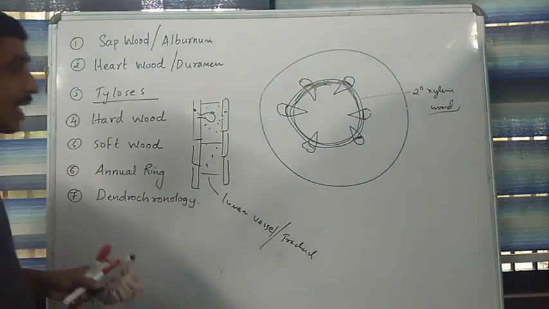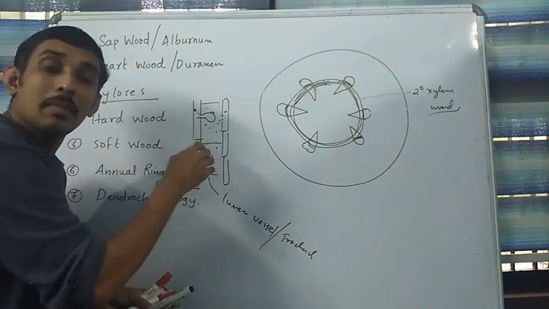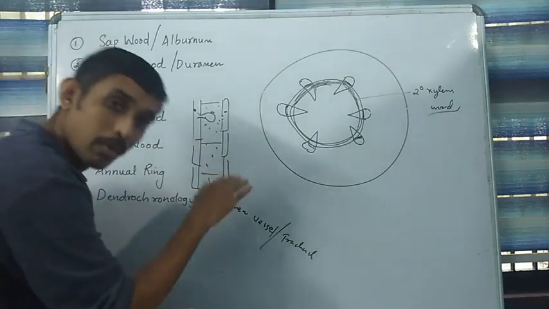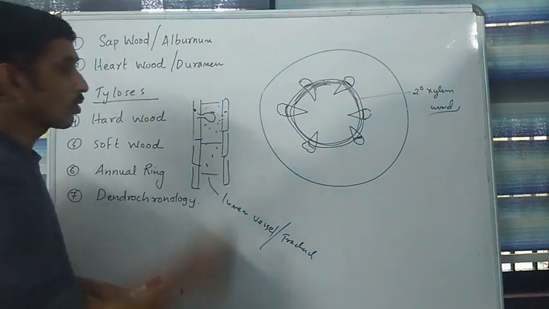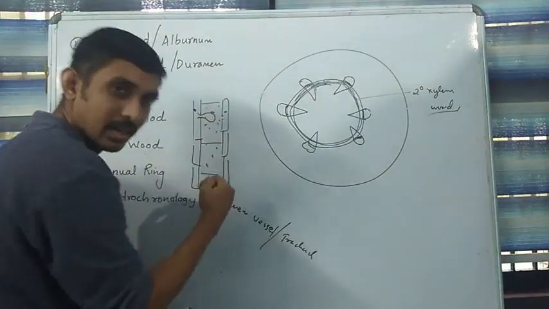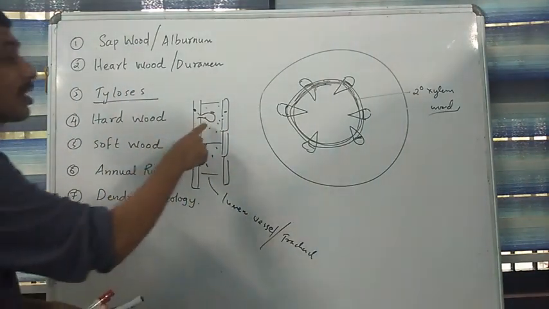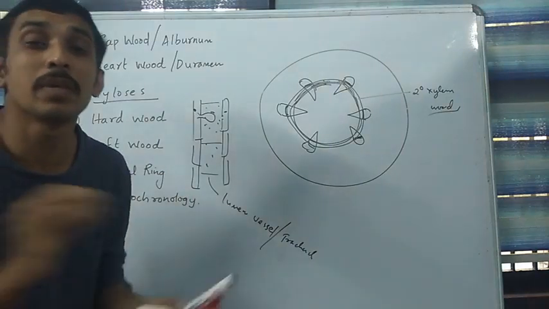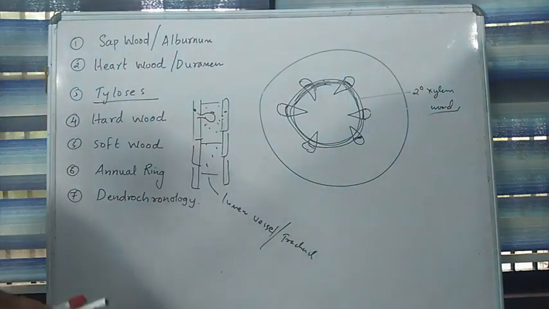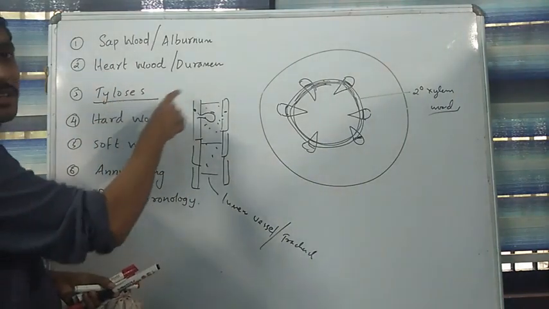One parenchyma cell can produce a large number of tyloses. These tyloses act as a barrier within the lumen of tracheids and vessels. And these tyloses give a specific odor to each plant. These are all the functions related to tylosis.